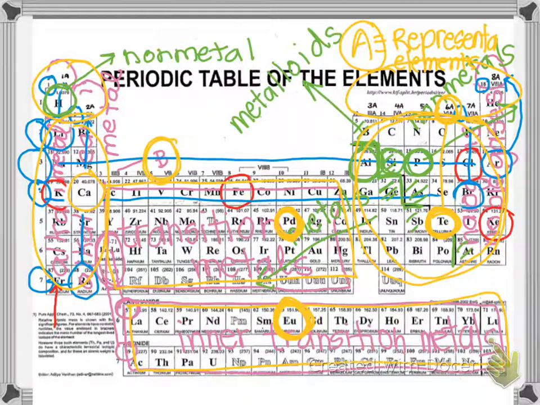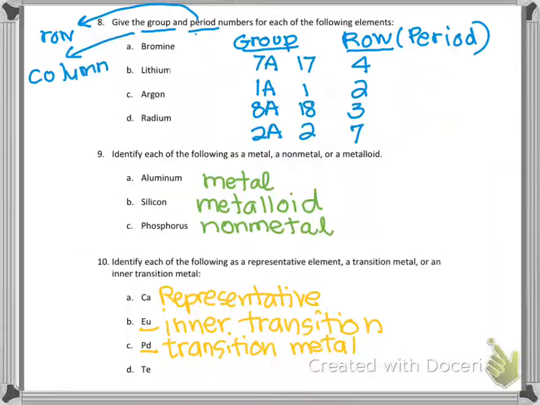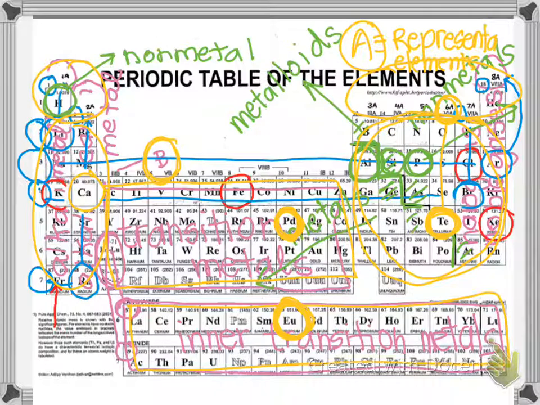All of these here have A's, and they are representative elements. So the lesson here is our periodic table is full of information. So with a little bit of memorization, we can use the periodic table to help us identify and classify all the elements.